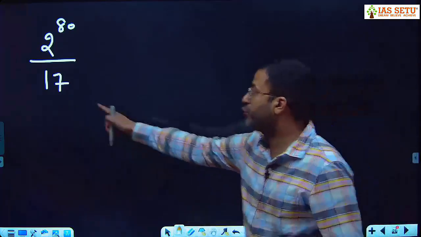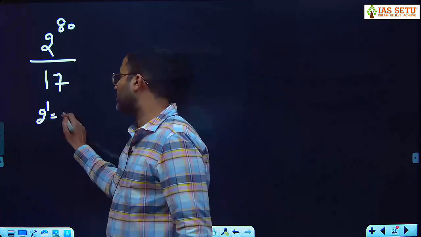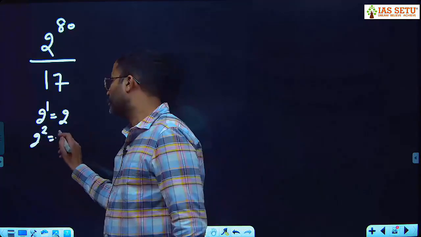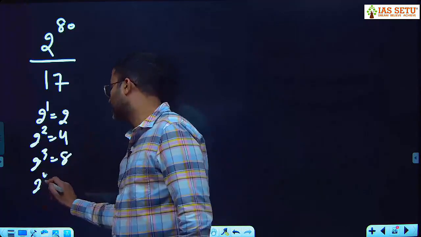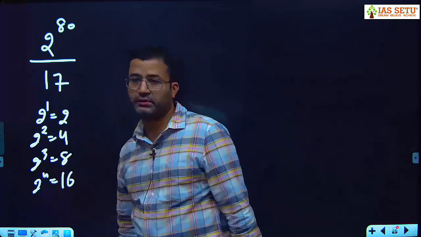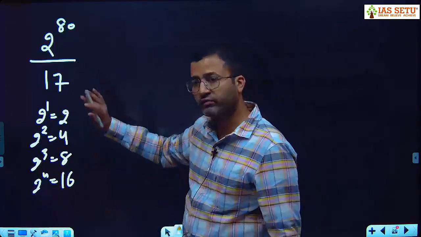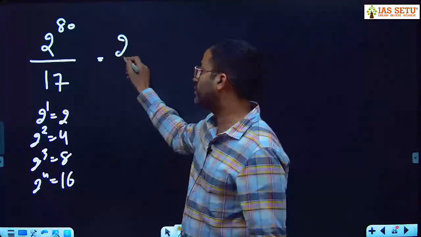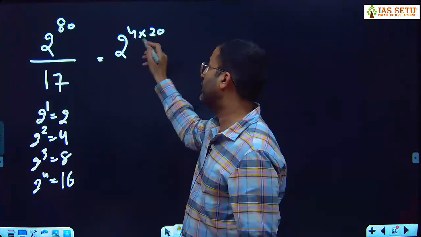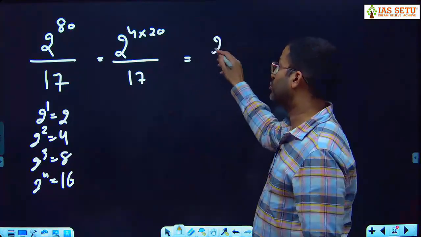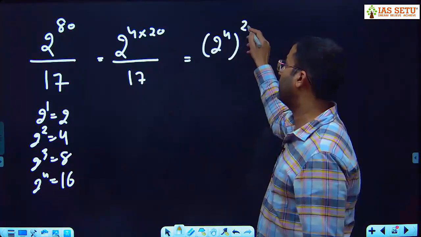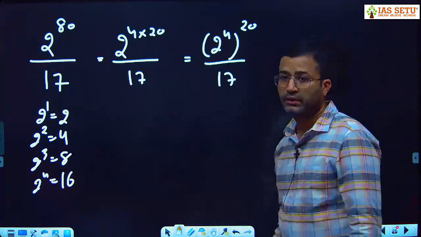First, powers of 2 near to 17: 2 to the power 1 is 2, 2 square is 4, 2 cube is 8, 2 to the power 4 is 16. 16 is 1 less, will help. So we write it as 2 to the power 4 into 20 divided by 17. Then we express it as 2 to the power 4, bracket 20, divided by 17.